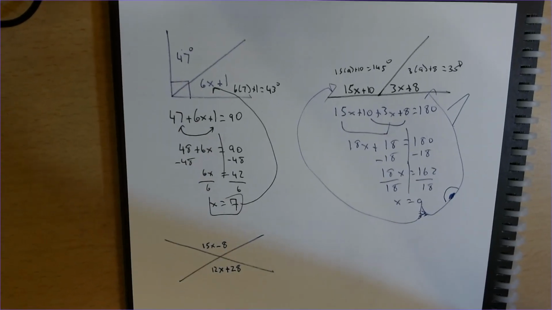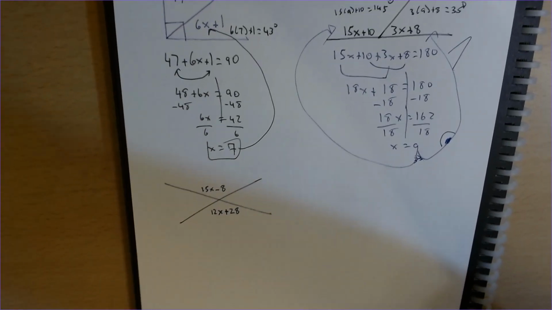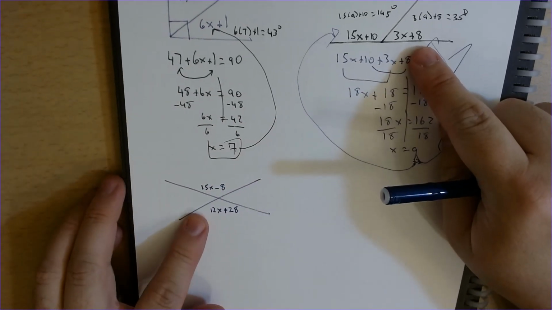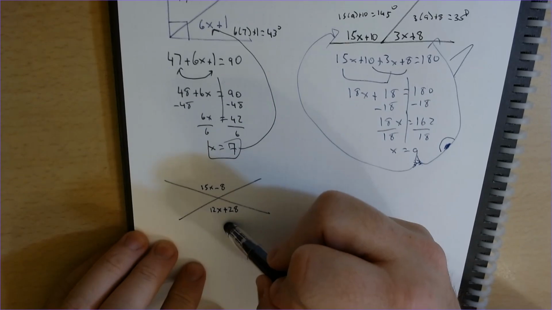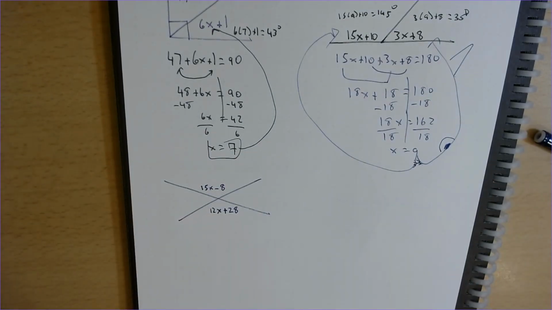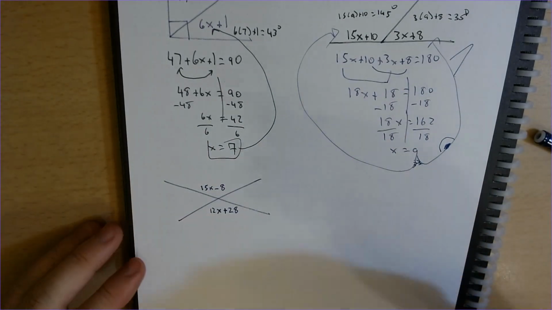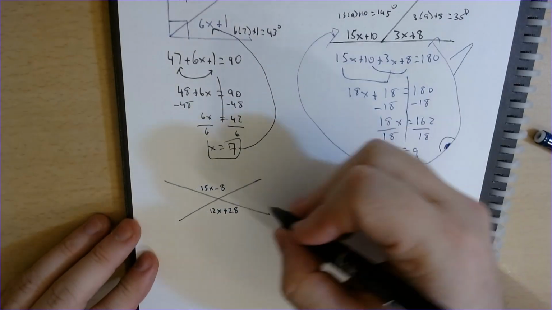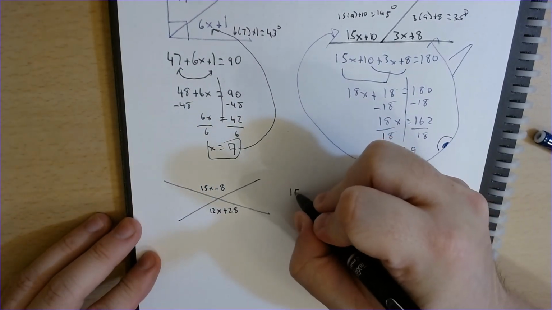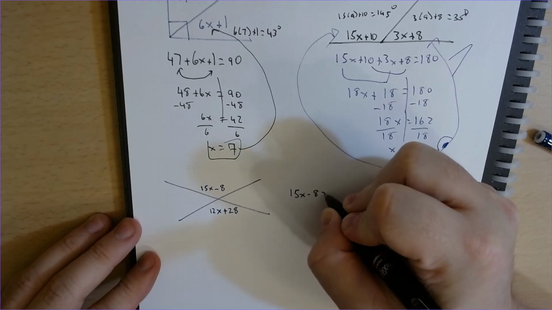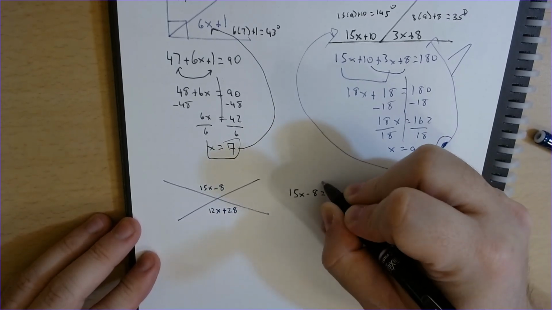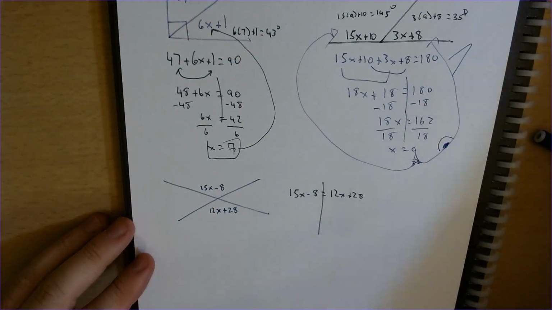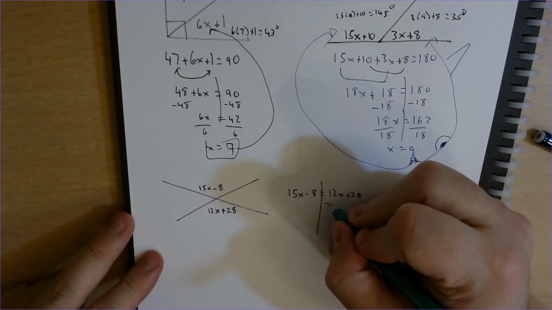So a lot of people actually kind of get this question confused because they say, oh, 180. But these are across from each other. If things are across from each other, they're vertical. And if they're vertical, they are congruent. So when they're across from each other, you don't set them up equal to 180. You got to set them up equal to each other. And now this is a slightly more complicated solving, but you did this in algebra, so you should be fine.